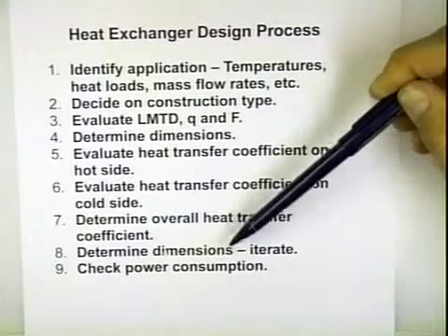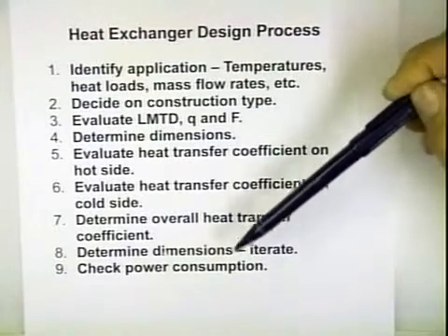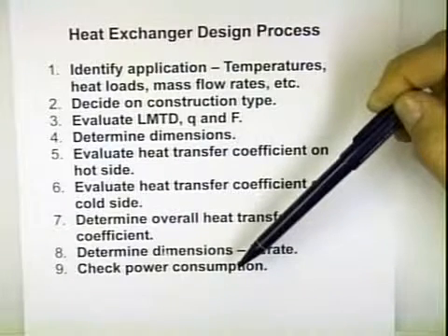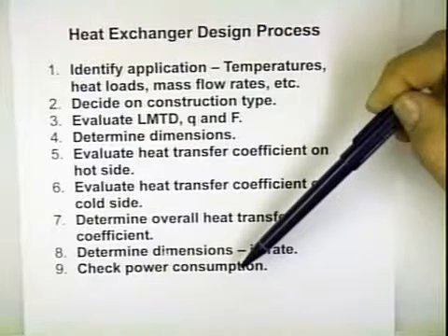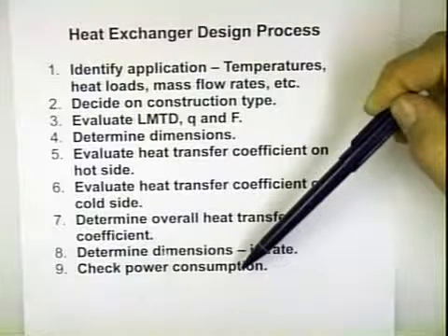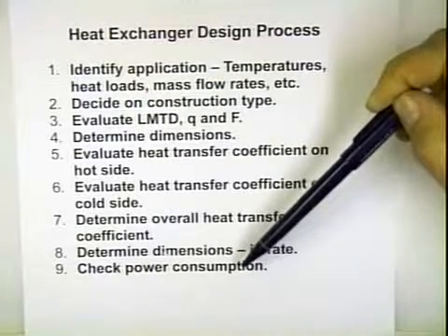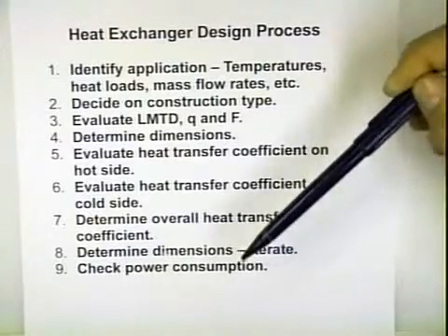Usually they're not, so we have to go back and iterate to get the correct dimensions. And then finally, we want to check the power consumption. The power consumption I'm referring to here is the power that's required to get the flow to go through the heat exchanger, not the power for the heat itself.